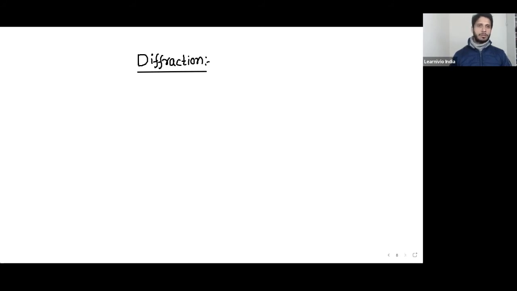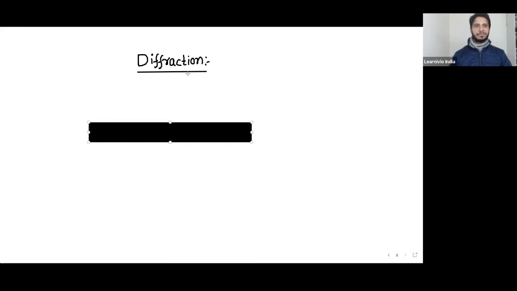If I take a wall, like this, it always happens. It's a soundproof wall. I put a speaker here. The speaker is emitting sound waves. And I put a listener here. Then obviously sound cannot travel in this way.